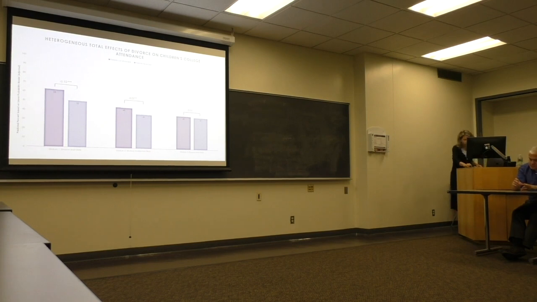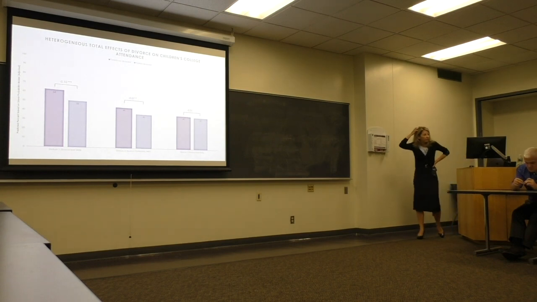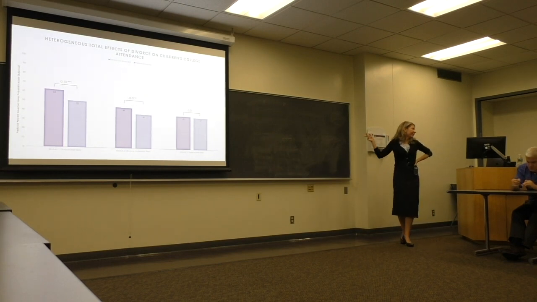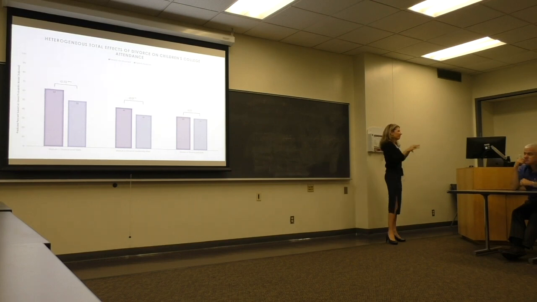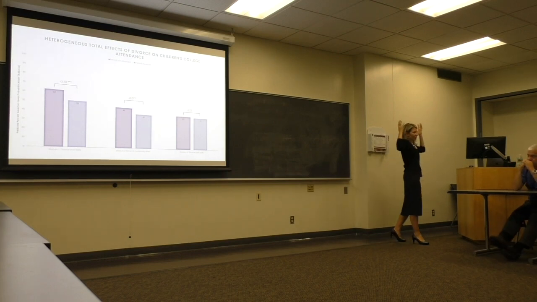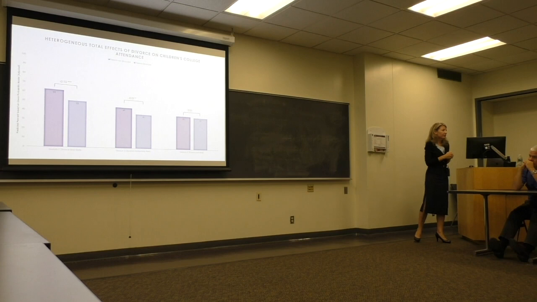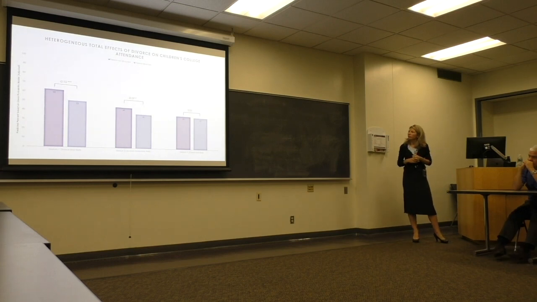Jen? Yeah. Before you go on, what's the support at the extremes? I mean, are there a lot of people who are sort of behaving counterintuitively? Yeah. It's definitely big enough when we do three like this. If we wanted to parse it out more, then of course we start to lose power pretty quickly.